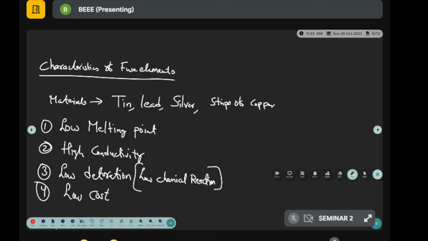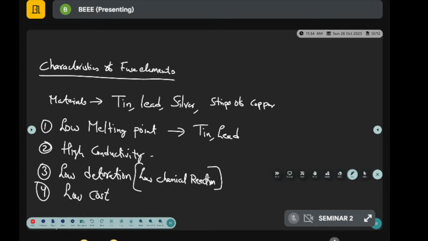You may get this for 2 marks also. What are the characteristics the fuse wire must have? You write any two. Among these, for low melting point you can take tin and lead as examples.